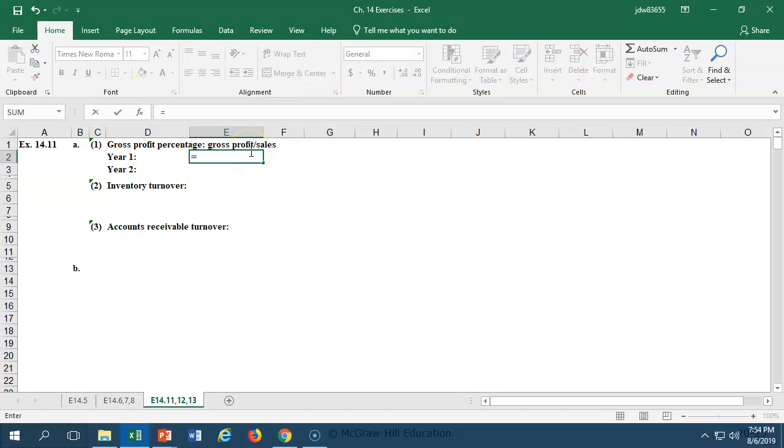Okay, so in this example, year 1, the gross profit would be 610 minus cost of goods sold, which is what, 408. And then divide that by sales of 610,000.